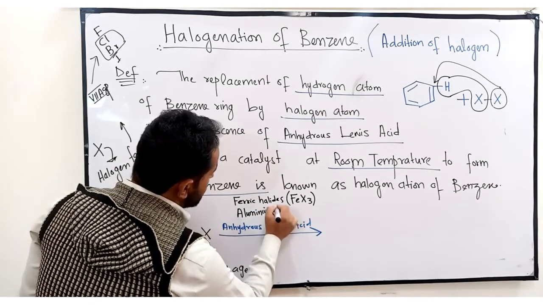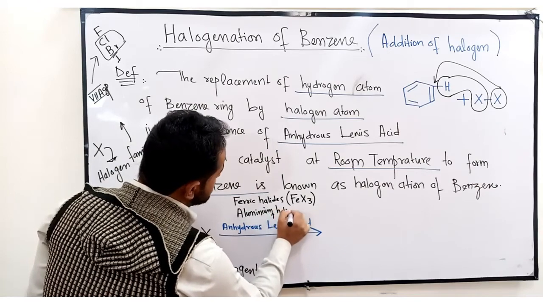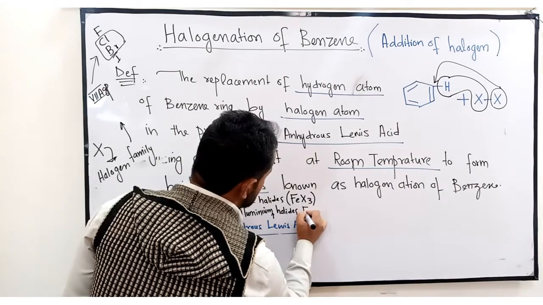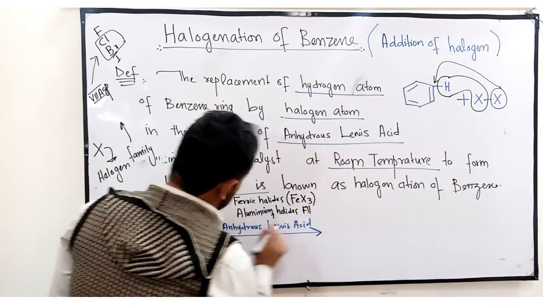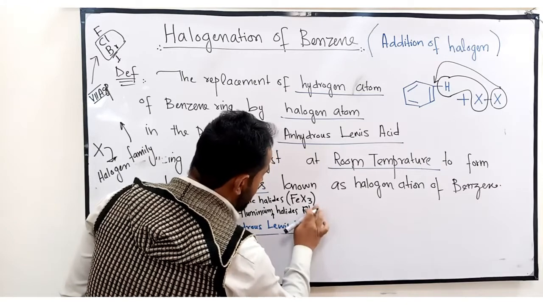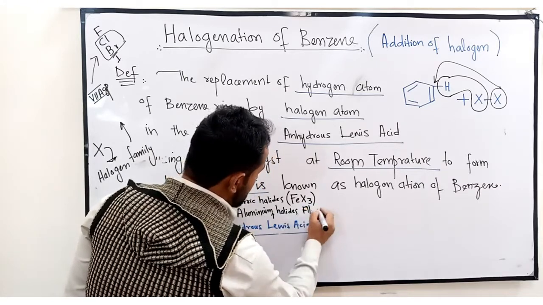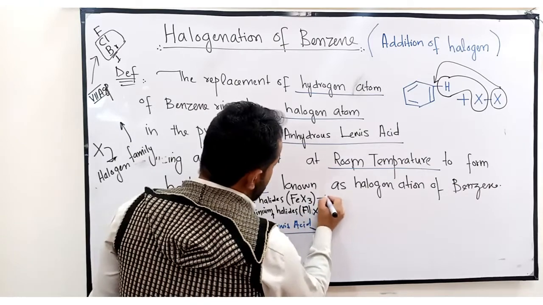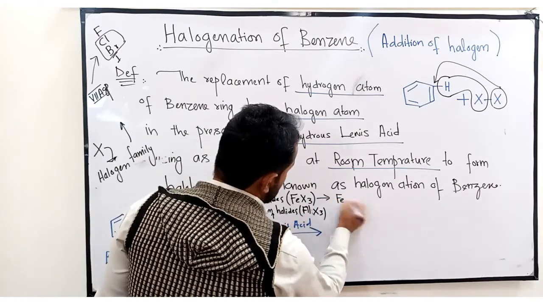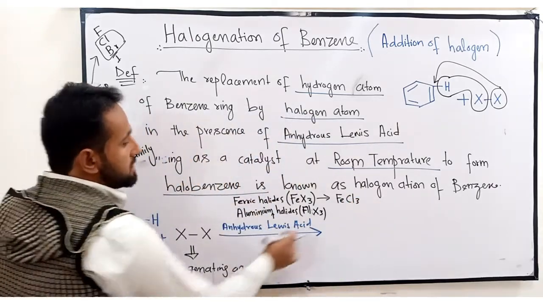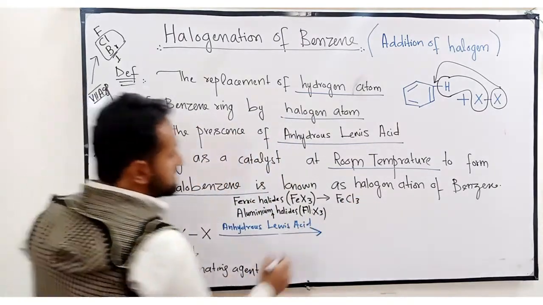These are also examples of Lewis acids. The general representation of aluminum halide is AlX3. Suppose FeX3, that is ferric chloride, FeCl3. This can be used as a Lewis acid.